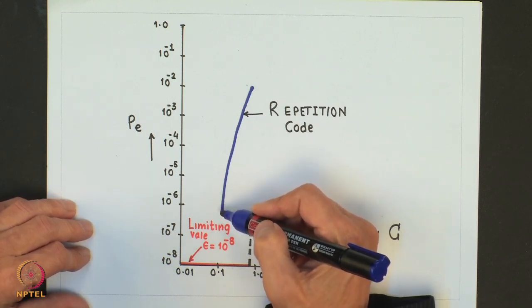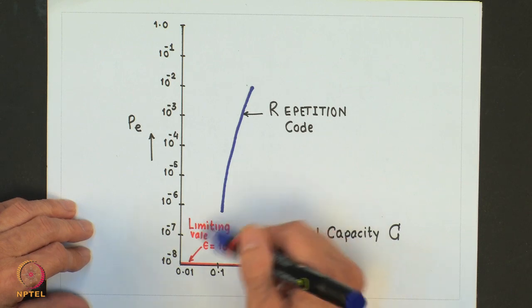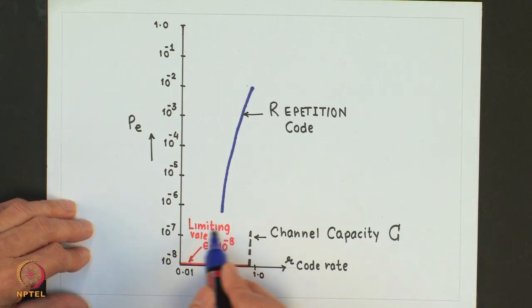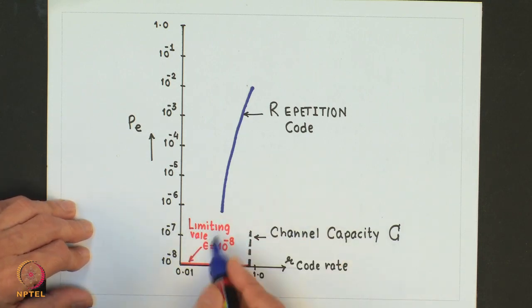But if you look at the channel coding theorem, what we get is this red line. I have just taken a specific value of this error to be 10 raised to minus 8, without loss of generality, correct.